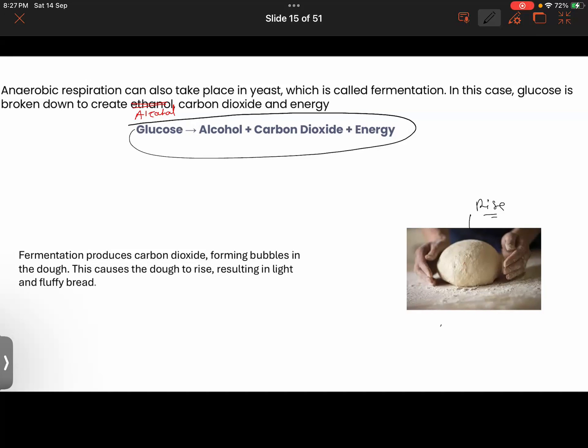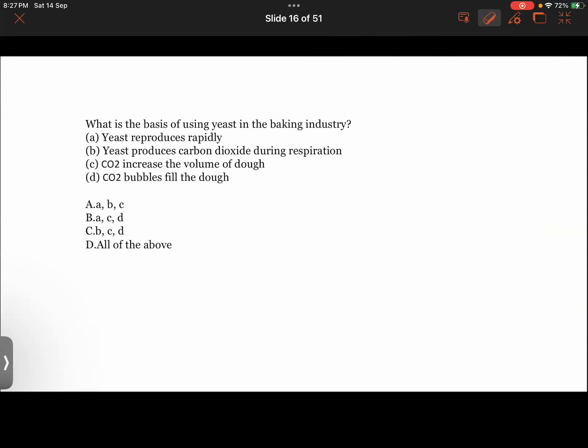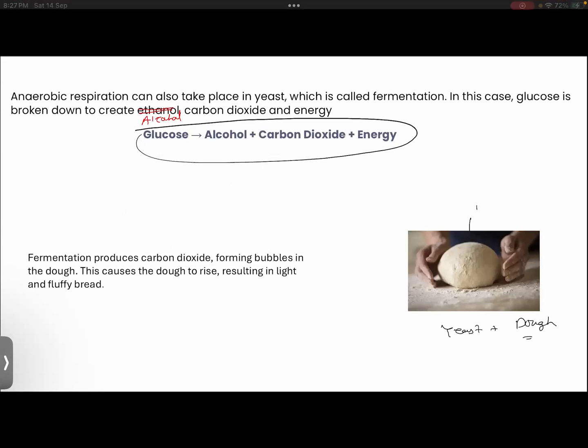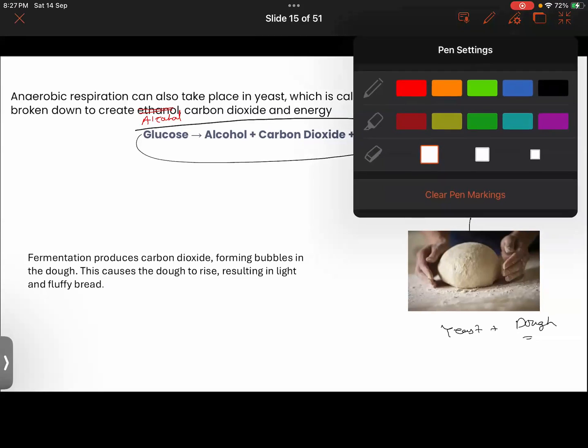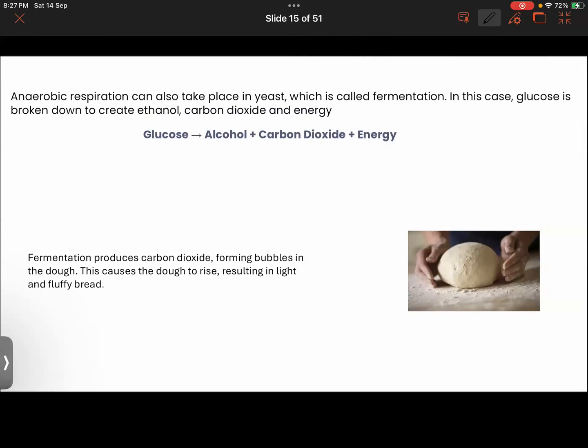So when you have added yeast into dough, and let's say you have added some water and sugar also, what are you doing here? Let us say I have taken some flour. I have added water, which should be slightly warm.